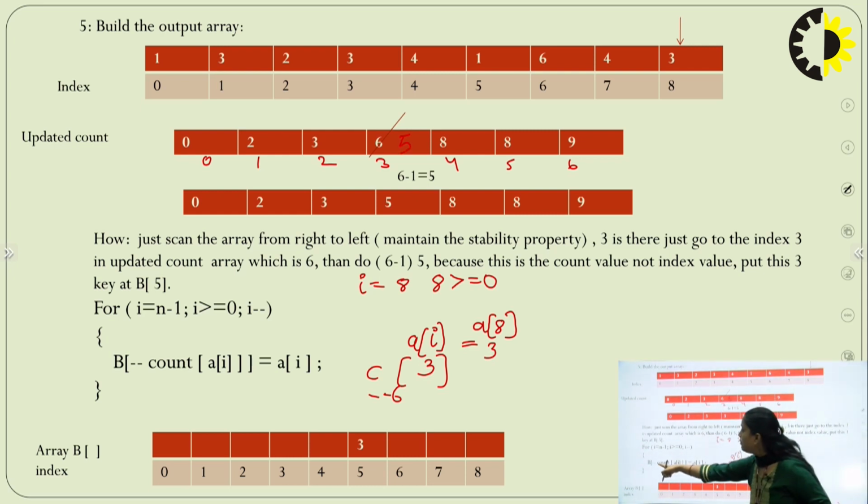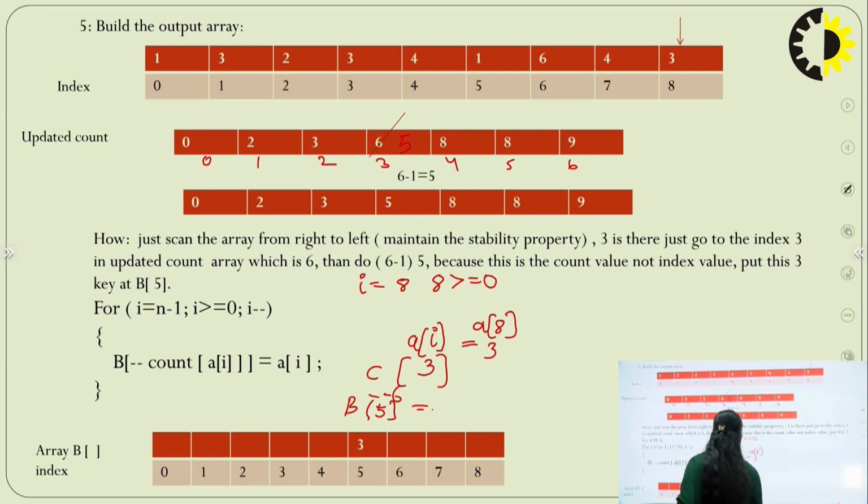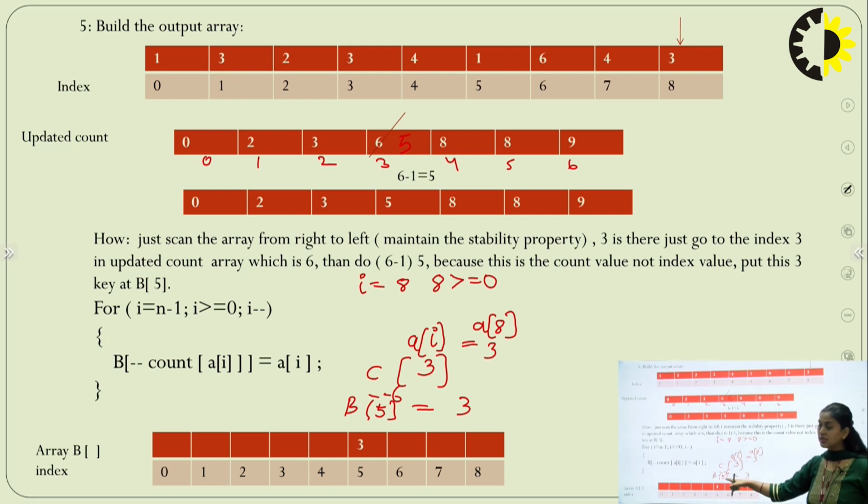So in B, that means this is 5. So we can say this particular key 3 is to be assigned at the 5th position in the B array. I hope you can understand the final concept of this particular counting sort.